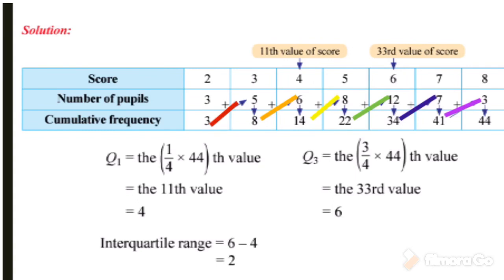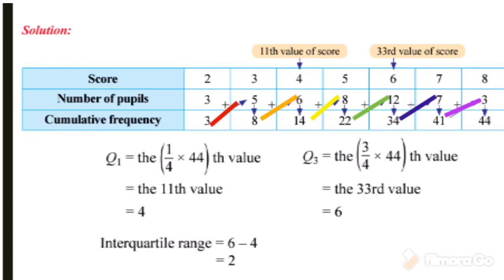Now Q3 is 3 over 4 times 44. That means it's the 33rd value. The 33rd value lies in the 34.